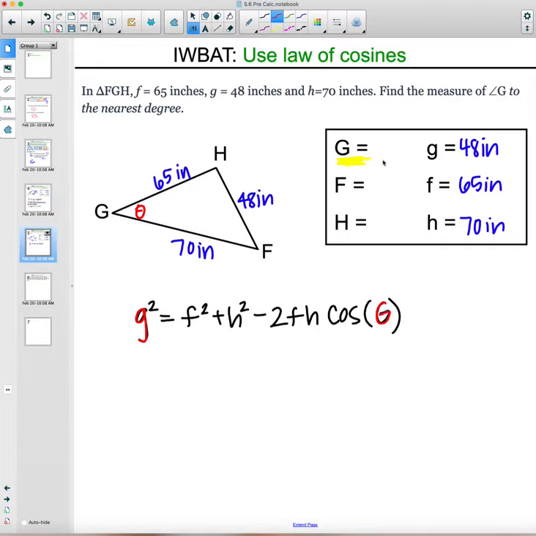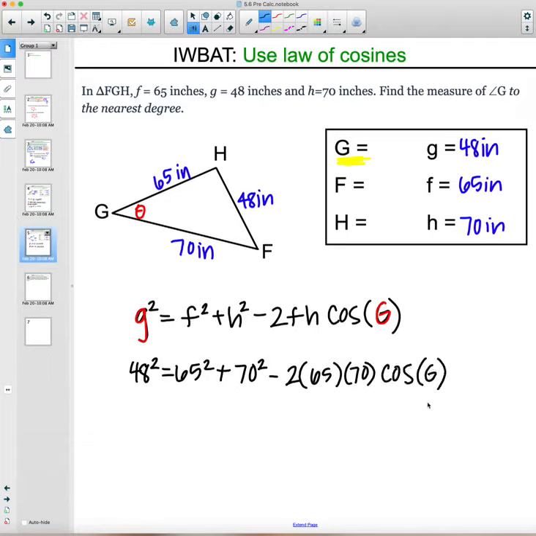And I used that one because I want to solve for angle G. So that's why I set it up this way. So now you can plug in your information. Side G is 48. So we'll do 48 squared equals 65 squared plus 70 squared minus 2 times 65 times 70, and then cosine of G.